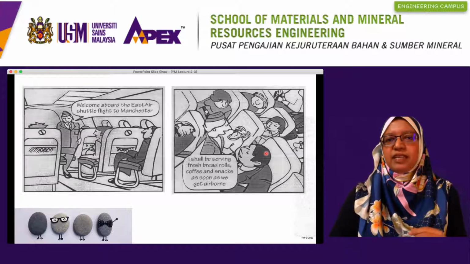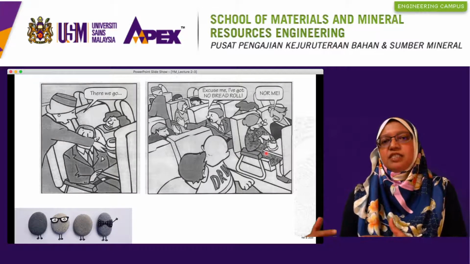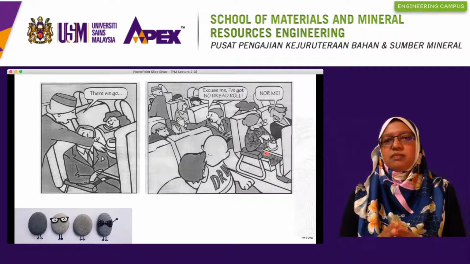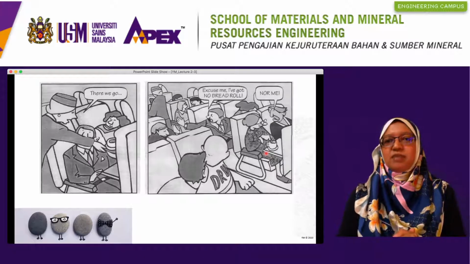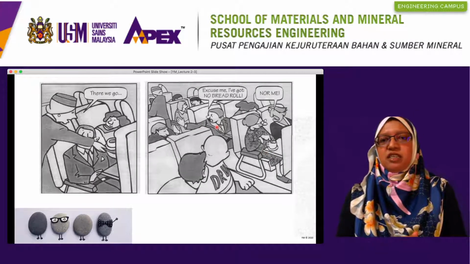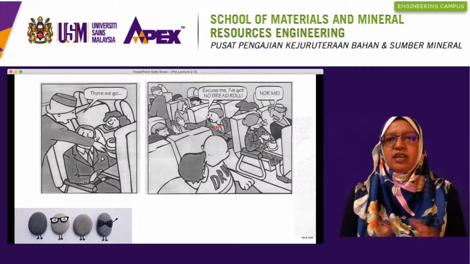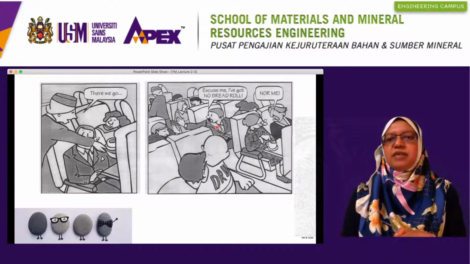But what happened next? Once she started serving, the earlier passengers got all the bread rolls, coffee, and snacks as she promised. Then some of the passengers started questioning, hey, where's my bread? Neither did I, I didn't get it. Where's mine?